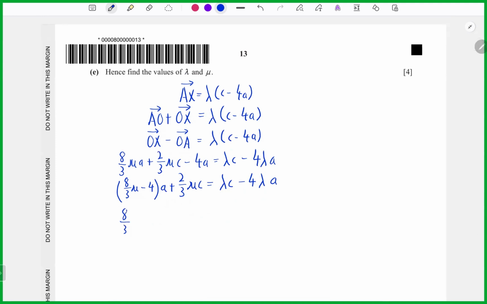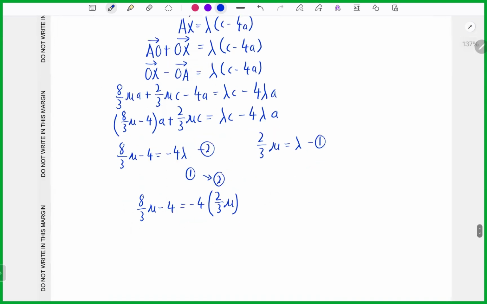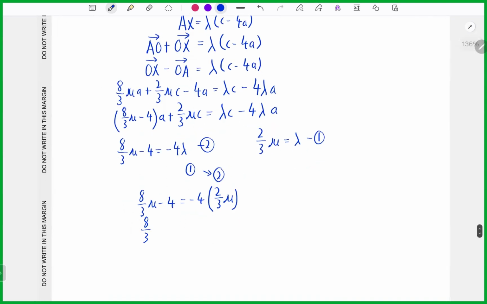So 8 over 3 mu minus 4 equals negative 4 lambda, and 2 over 3 mu equals lambda. This is your first equation, and the second equation. Substitute the first into the second: 8 over 3 mu minus 4 equals negative 4 times bracket 2 over 3 mu, which is negative 8 over 3 mu.